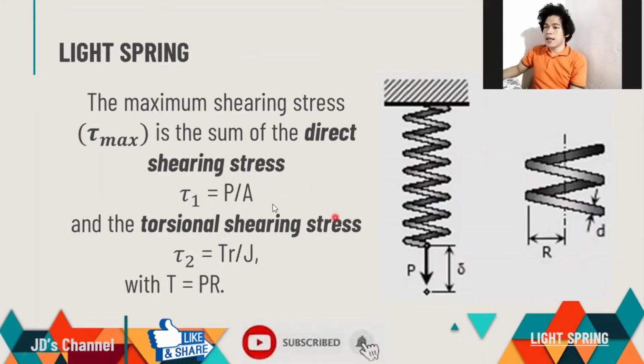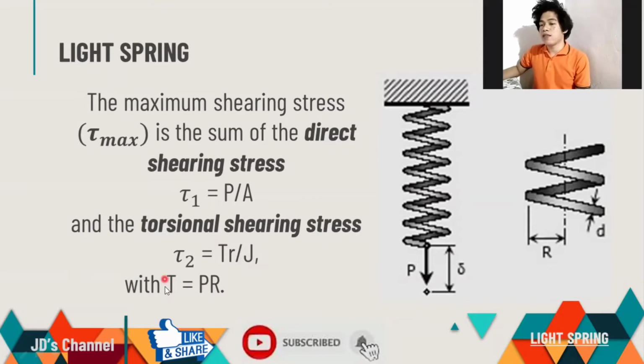Maximum shearing stress is the sum of the direct shearing stress, which we assign as tau sub 1, whose formula is the usual formula, force over area, and the torsional shearing stress, which we call tau 2, that is equal to our general formula for torsional shearing stress, T rho over our J, which is our polar moment of inertia.